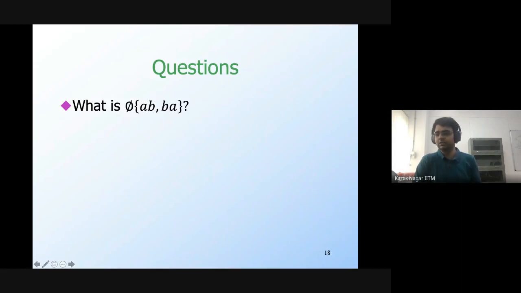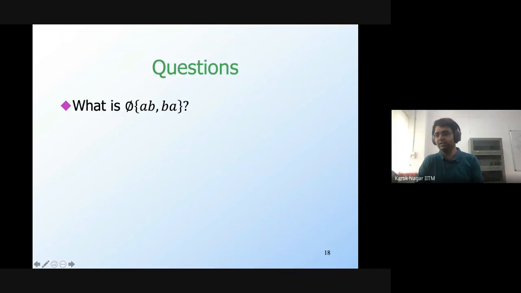Anyone? Remember how set concatenation is defined. You take strings from the first set and strings from the second set and concatenate them, and you do it for all possible strings from the first set and the second set. Okay, I have a couple of answers.